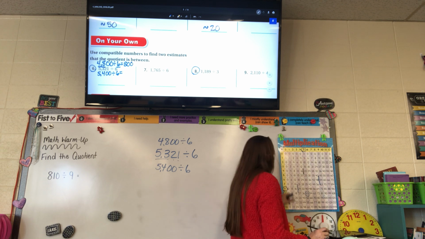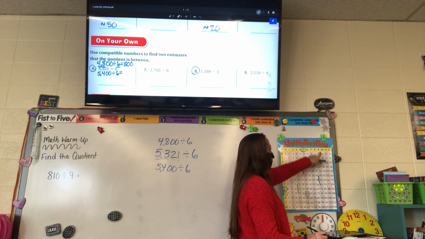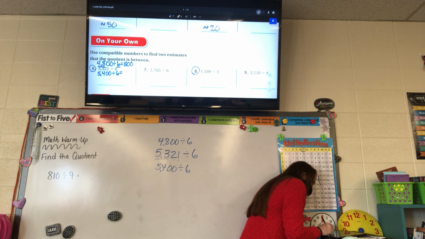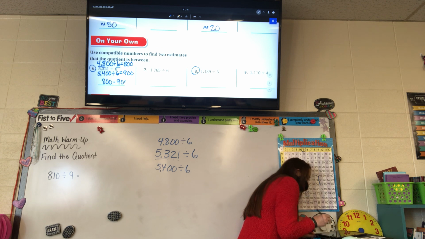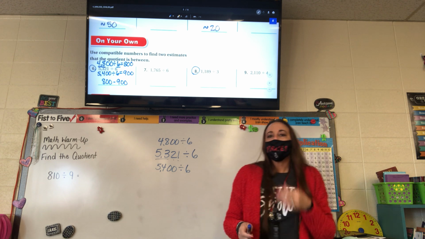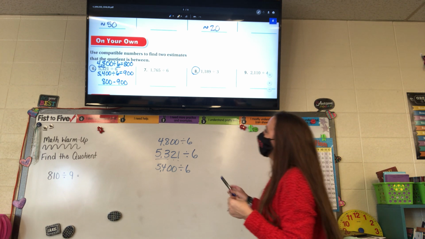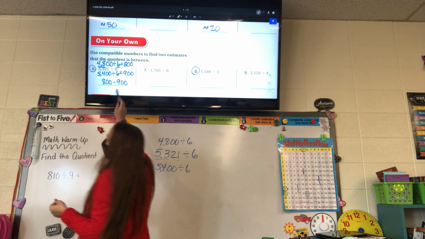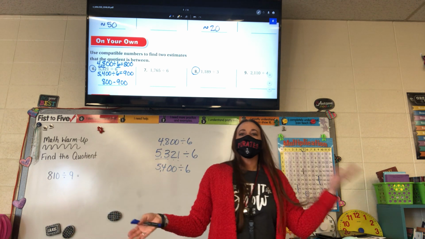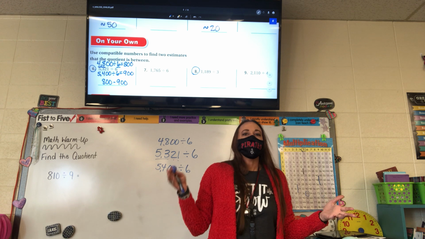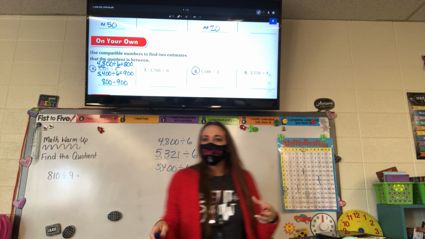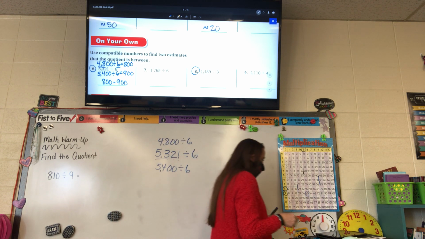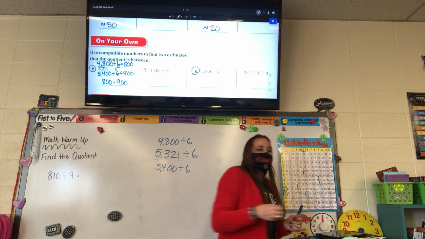And 54 divided by 6 is 9, 2 zeros behind it. Yep, so our answer would be 800 and 900. We don't use the about symbol on this one because there's a range. Our answer would be between 800 and 900.